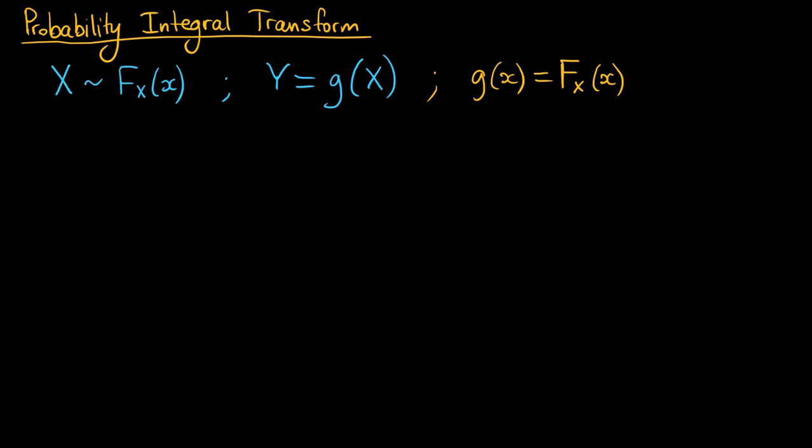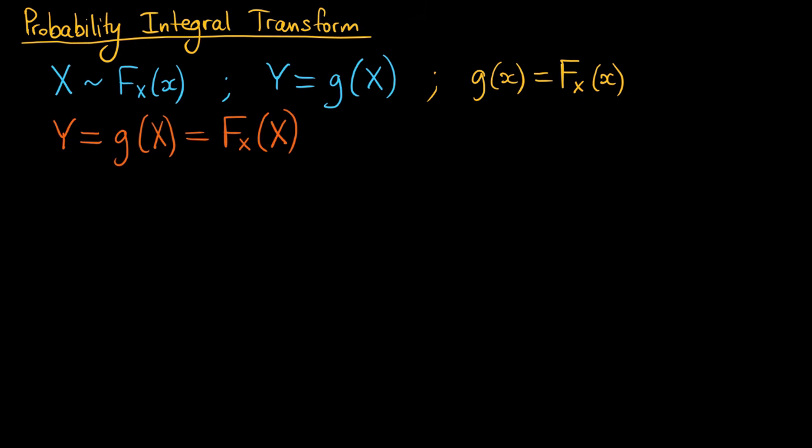Okay, so this might seem strange because we're going to form random variable y by applying the CDF of x to the random variable x. So effectively, the random variable y we're interested in is g of capital X, which is the CDF of x applied to the random variable x.